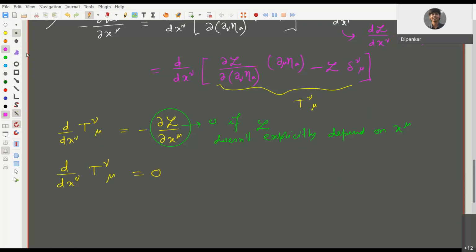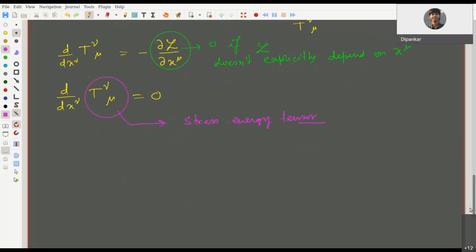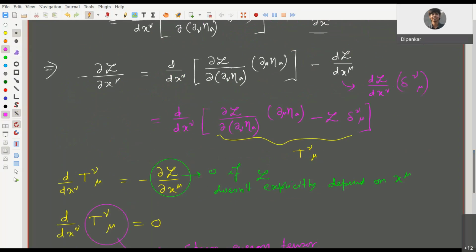This T nu mu is sometimes called the stress energy tensor. And the T nu mu would be given by this thing. Okay, just light massage. This gives you the definition of your T nu mu in a certain way.